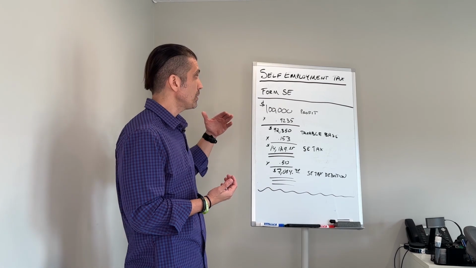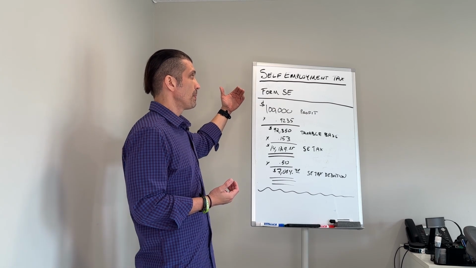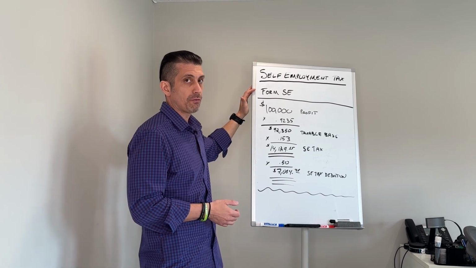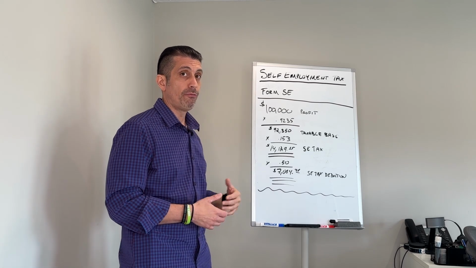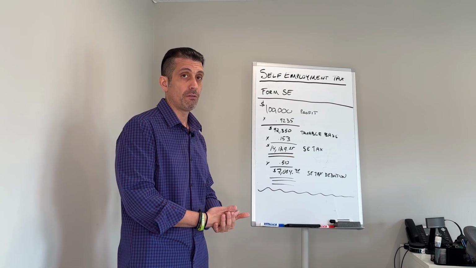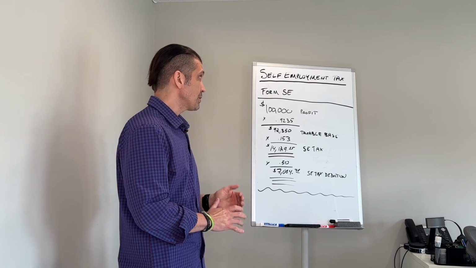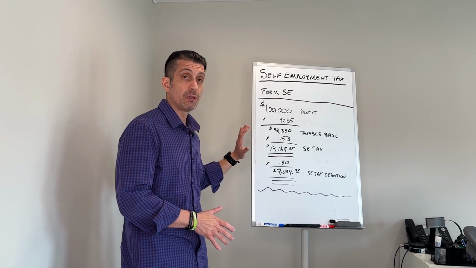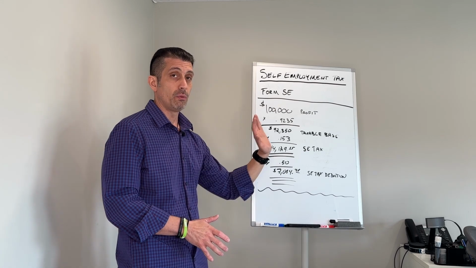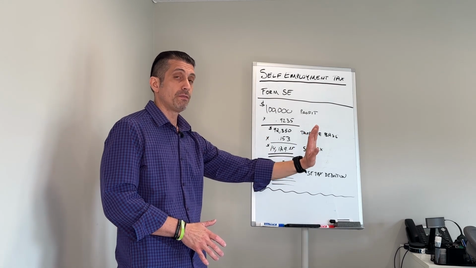Now we're gonna calculate the self-employment tax the way it's calculated on your Form SE. SE stands for self-employment, and that would be the form that should be completed as part of your 1040 federal filing. Just keep in mind that self-employment tax really is dealing with a federal level of taxation. This does not deal with a state or city level of taxation.